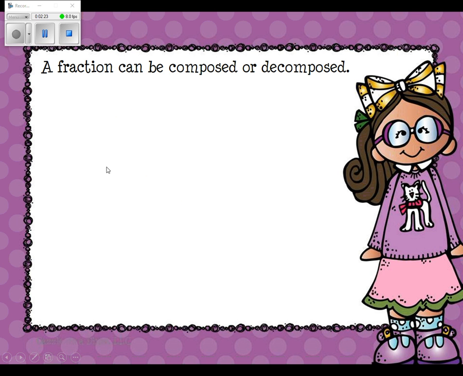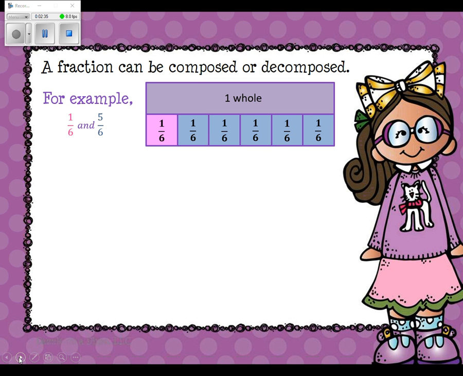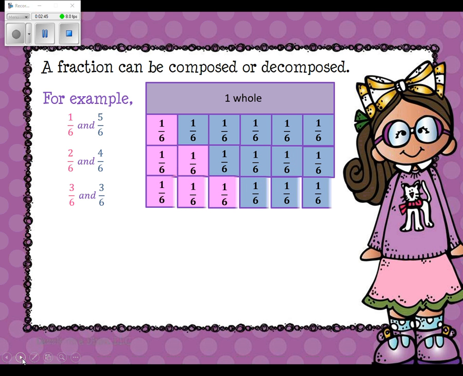Fractions can always be composed or decomposed. Decomposed means taken apart. Composed means, of course, to build it. For example, here's our whole. And I have 1/6 and 5/6. So if I want to continue that, you'll see I'm composing and decomposing.